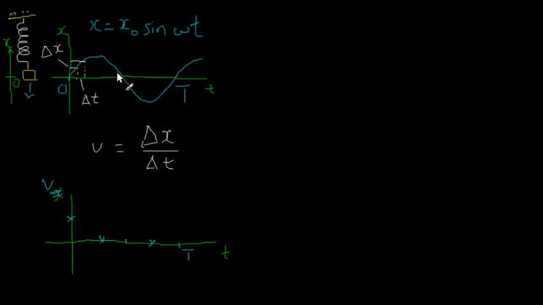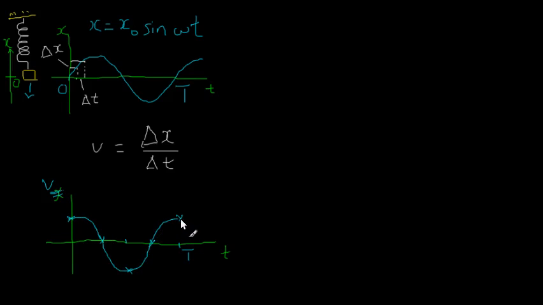The displacement is going down, so we have a maximum velocity in the opposite direction. And down there it goes up again with maximum velocity. Based on this, I can sketch a graph to see what the velocity time graph looks like.